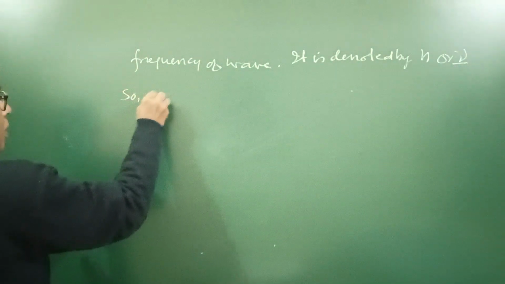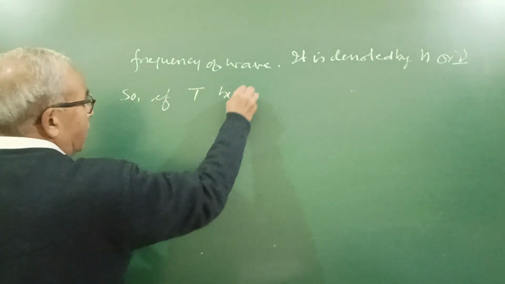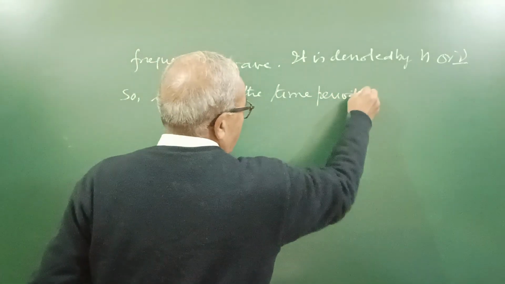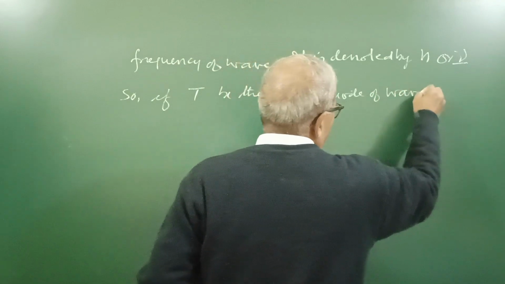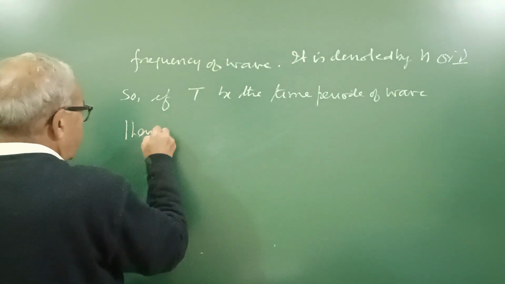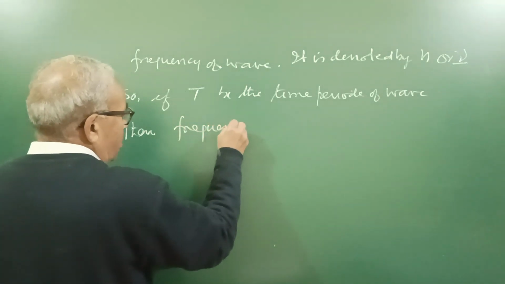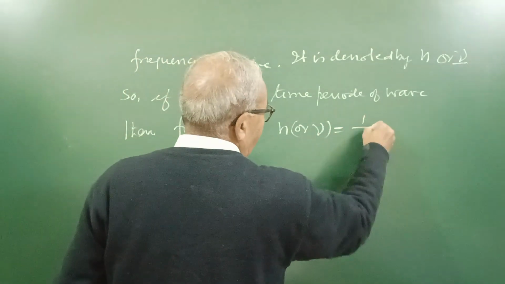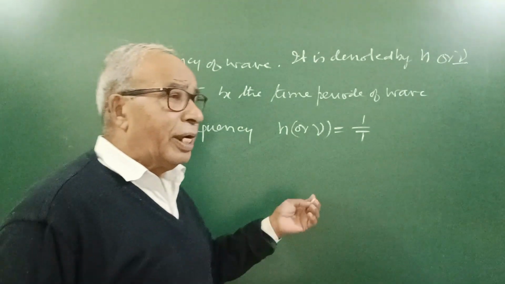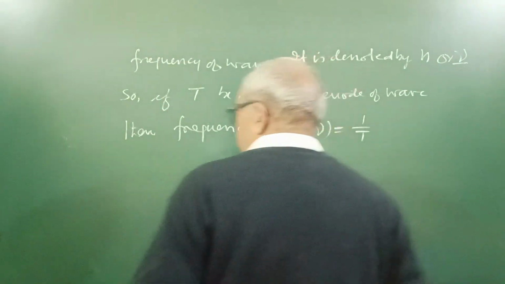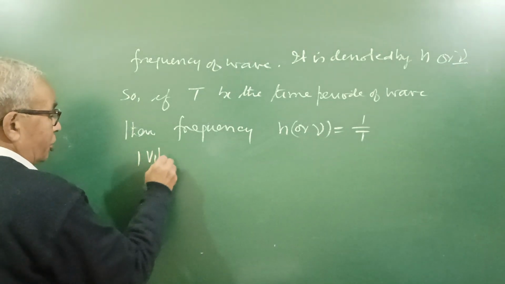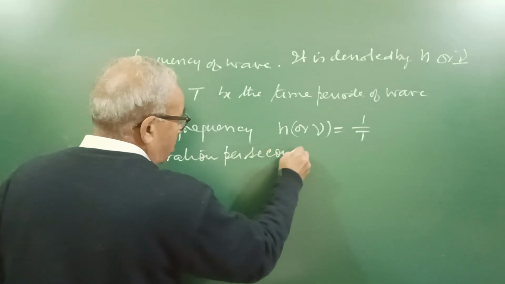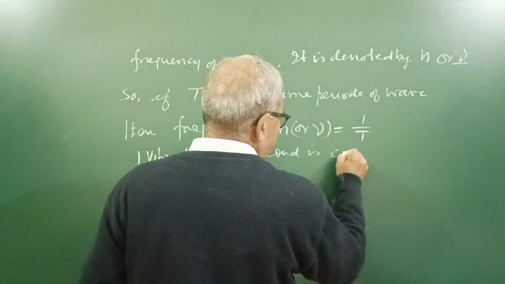So if capital T is the time period of wave, then frequency n or nu is equal to 1 by T. Generally per second is the unit, but one vibration per second is called hertz.